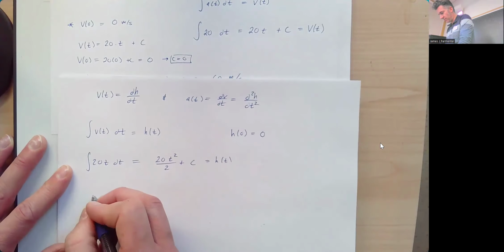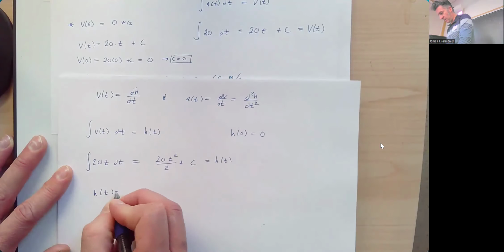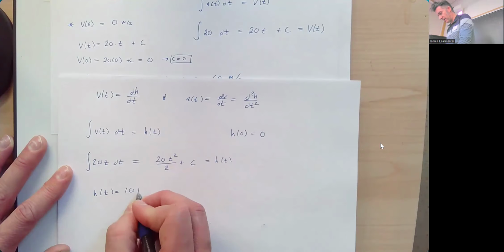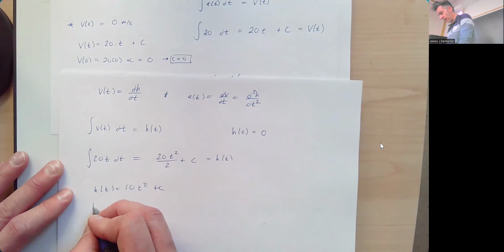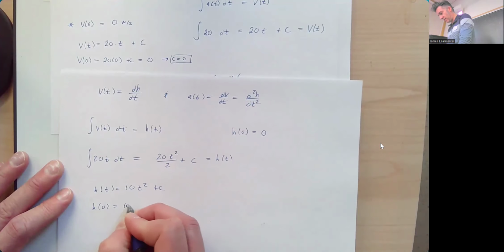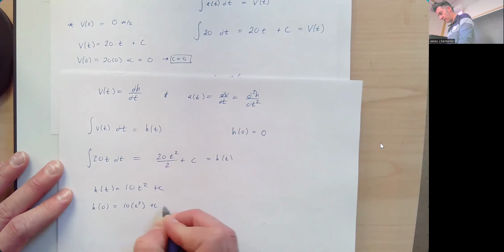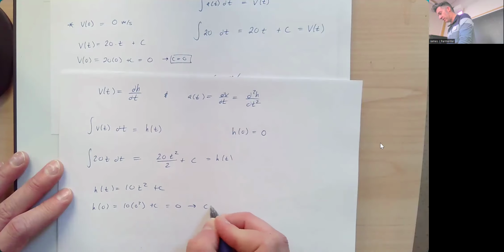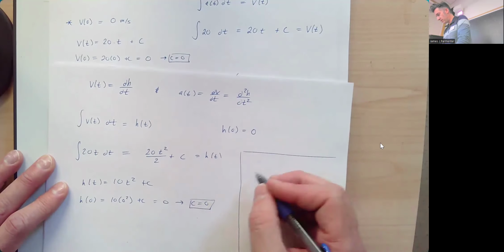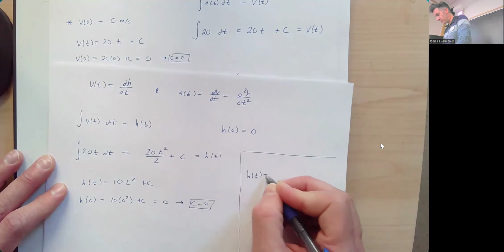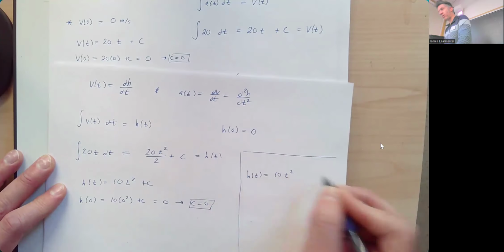So simplifying, h of t, 20 divided by 2 is 10t squared plus c. And then we know that h of 0 is 10 times 0 squared plus c, but it has to be 0. So not surprisingly, we also get c equals 0 again. So our height equation is just 10t squared.